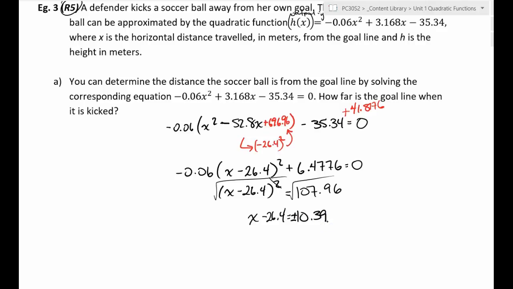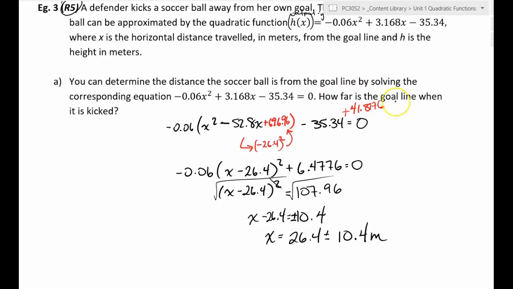So plus or minus, and we could even write it just to 1 decimal place, because it says the height in meters, so 1 decimal place should be fine for this particular example. We're going to add this 26.4 so that we can isolate x. So finally we get 26.4 plus or minus 10.4 meters.